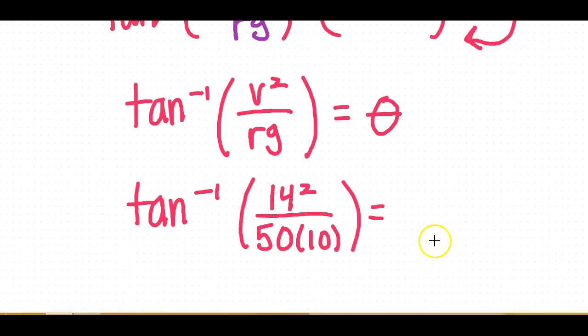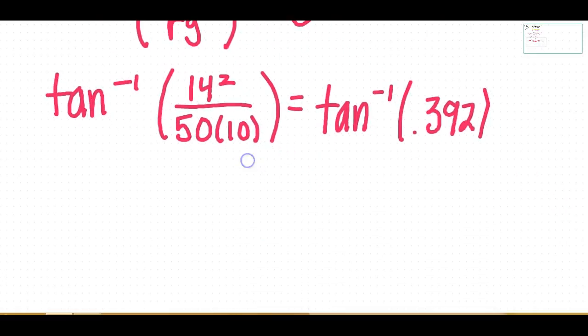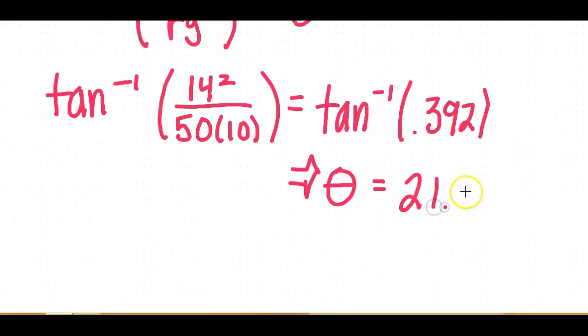The tan inverse of all that is the tan inverse of 0.392, and the tan inverse of 0.392 gives you a theta of 21.4 degrees. So this road can only be banked at 21.4 degrees.